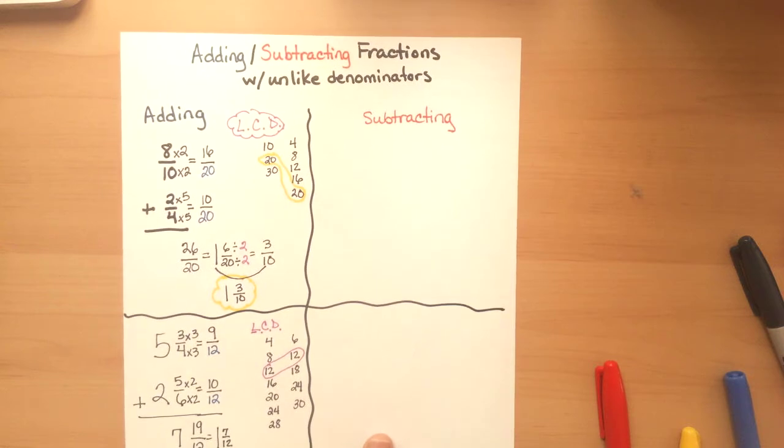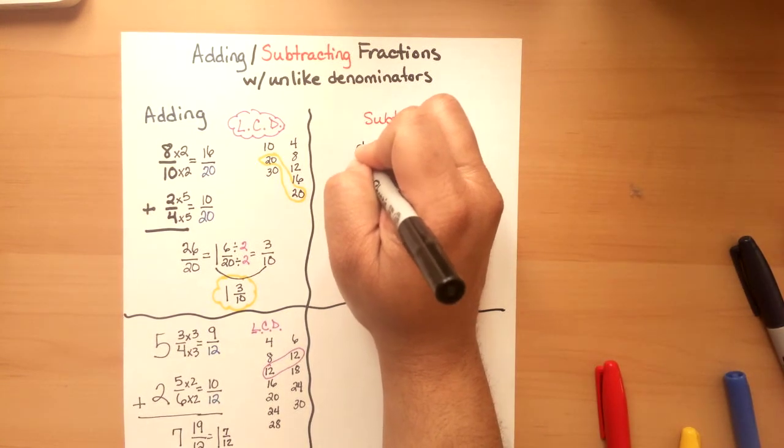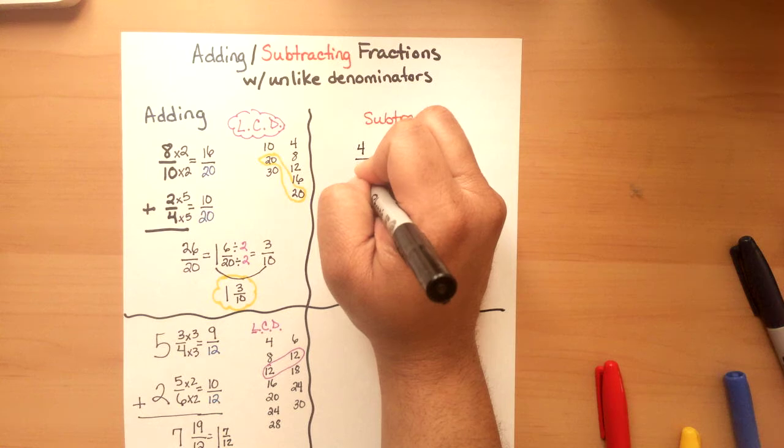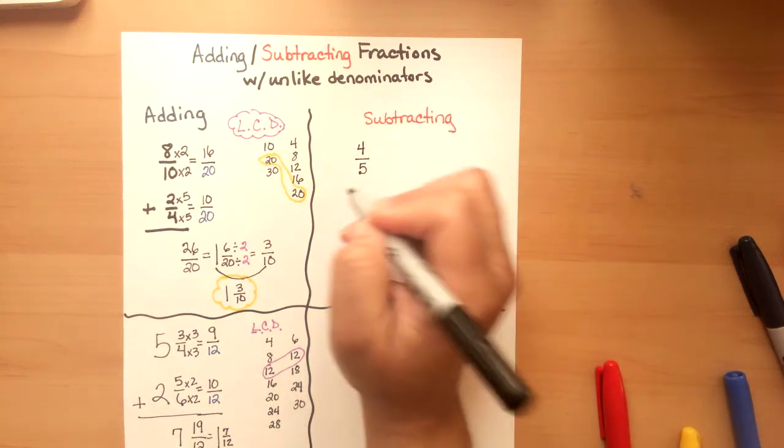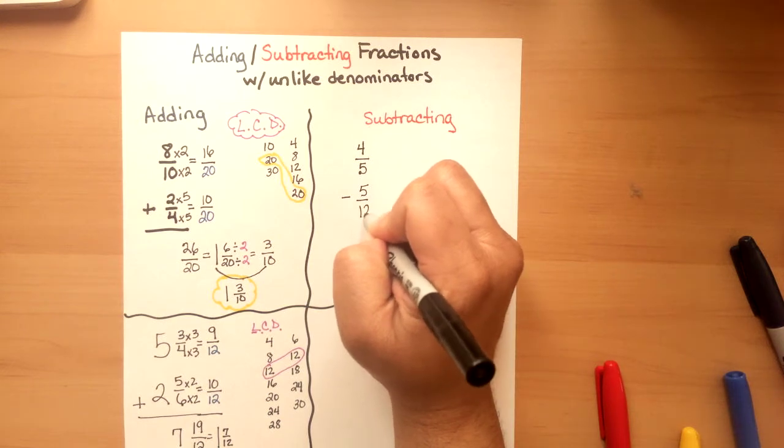Now let's move to subtraction. Let's say I have 4 fifths and I want to subtract 5 twelfths.